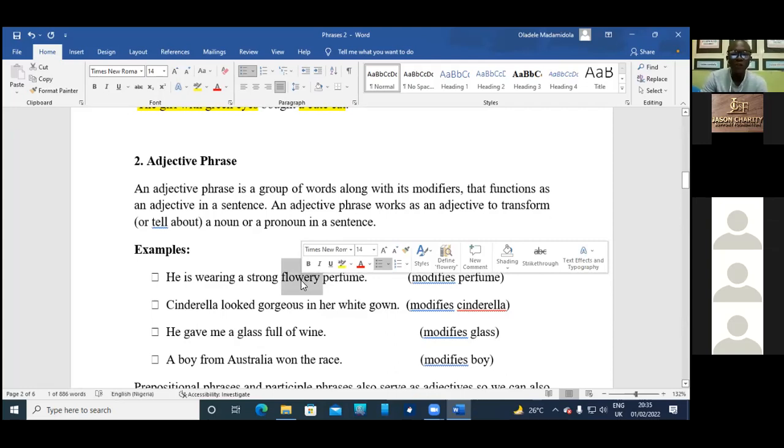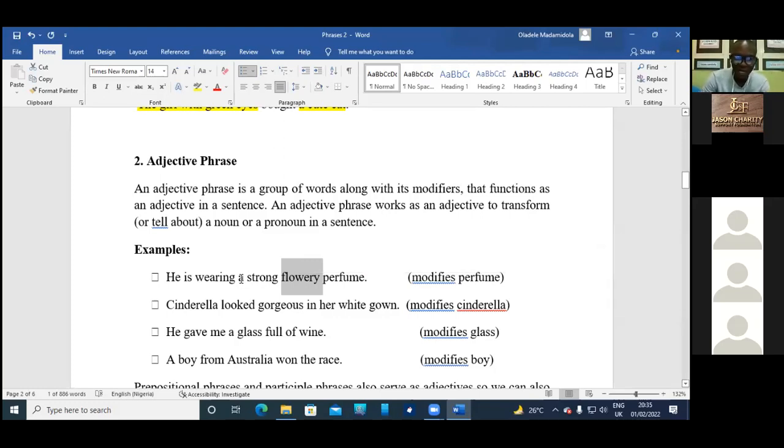The first thing you do is to identify the adjective. And flowery comes before perfume, so it is modifying perfume. Now, because what we are looking out for is an adjective phrase and not just an adjective, you take what comes before the adjective together with the adjective.